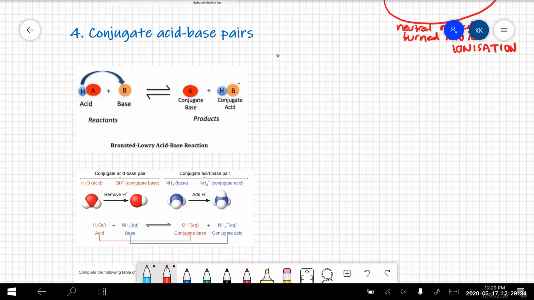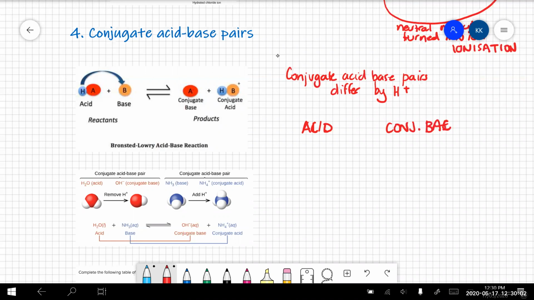So conjugate acid-base pairs differ by H+. So you have your acid and your conjugate base.